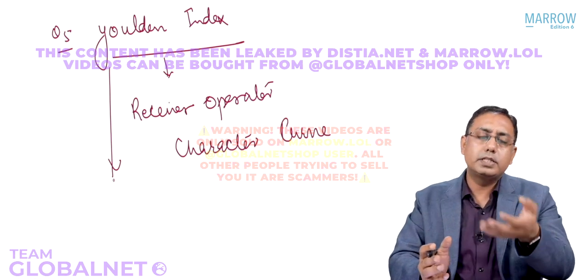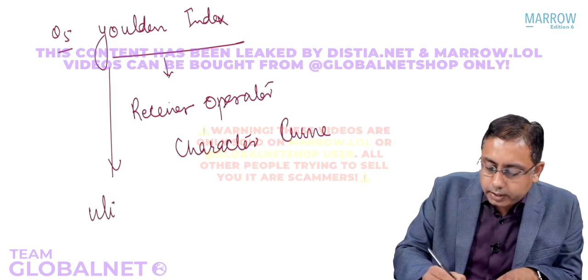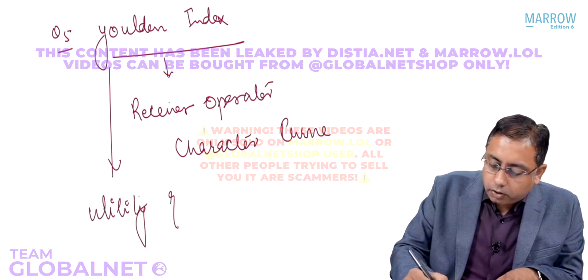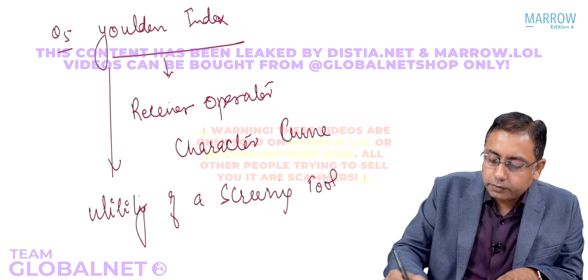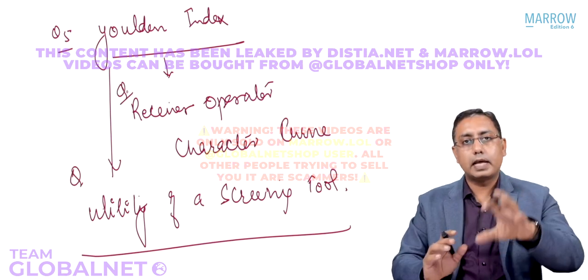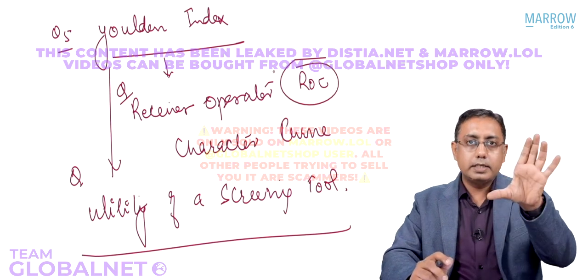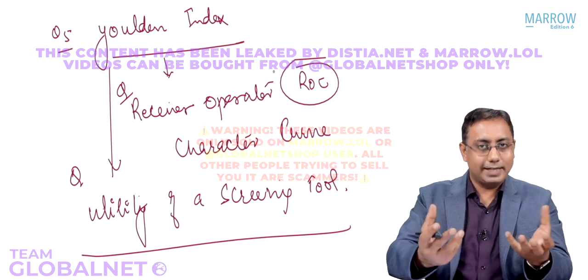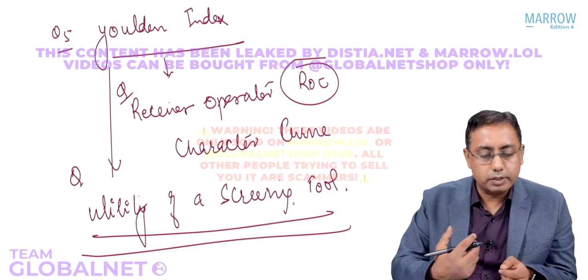In very simple words, it tells you the utility of a screening test, the utility of the screening tool. So just remember 2 points about Youden's index. It is calculated in the ROC curves, and the bigger the Youden's index, the better the test is, because it tells you the utility of the screening tool or the diagnostic tool.